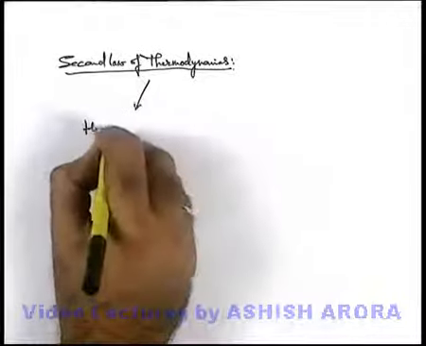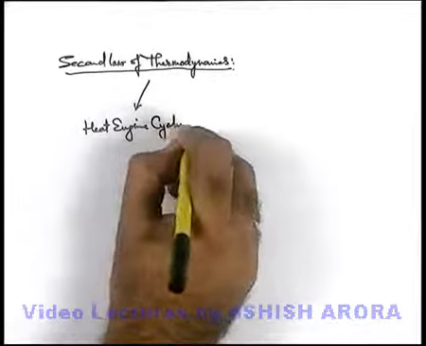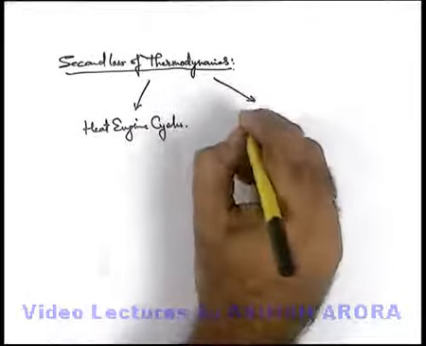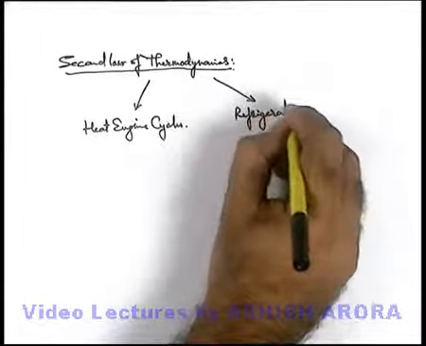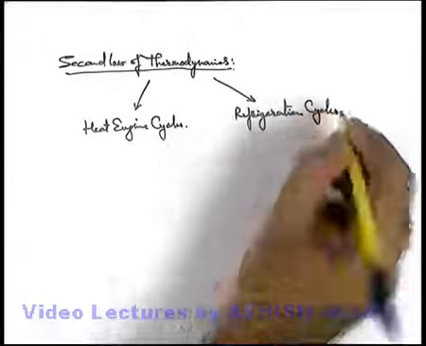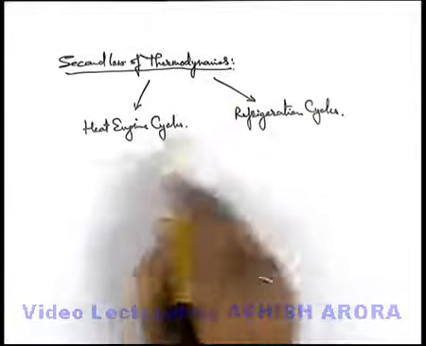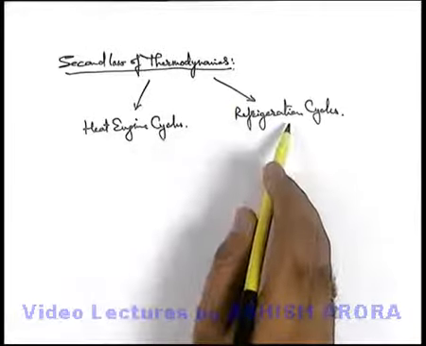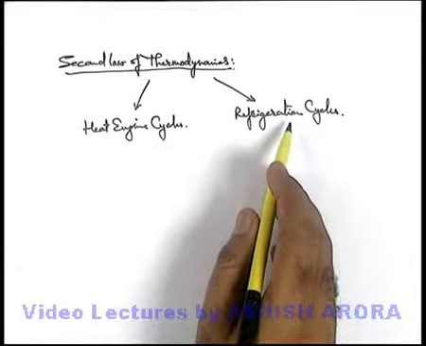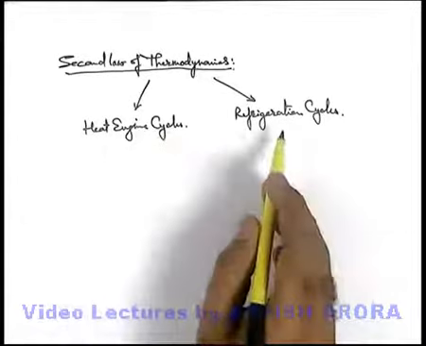First, we'll analyze heat engine cycle, and the other we define with the refrigeration cycle. Second law of thermodynamics will be defined based on both of these cycles, heat engine cycles as well as refrigeration cycles.